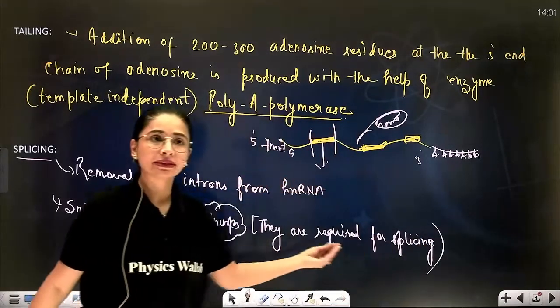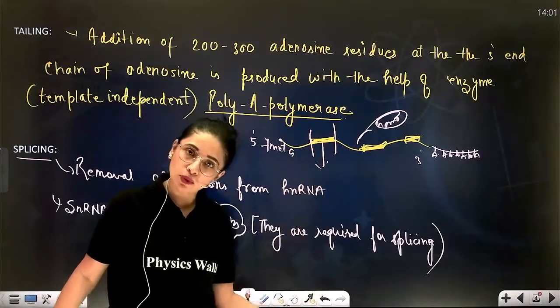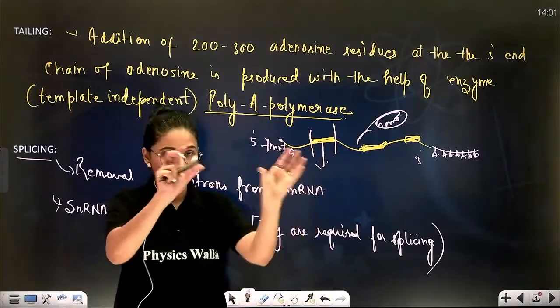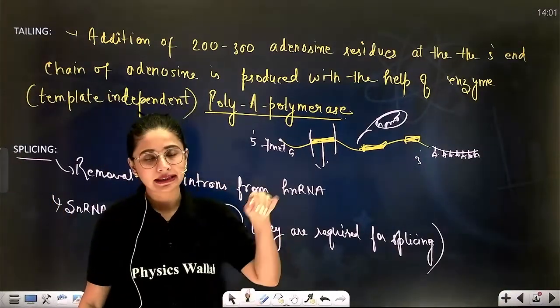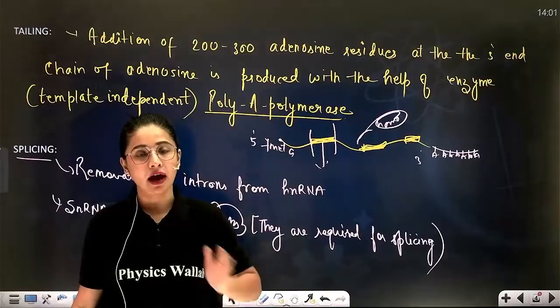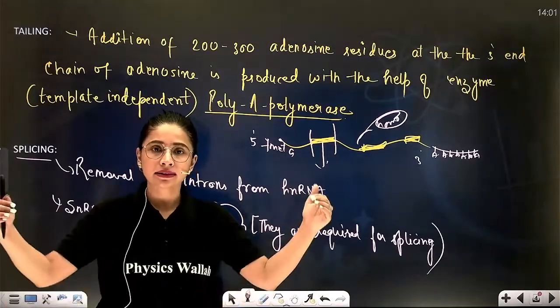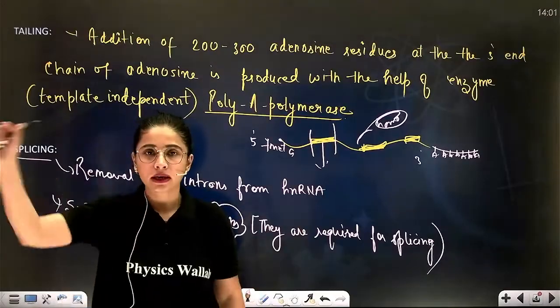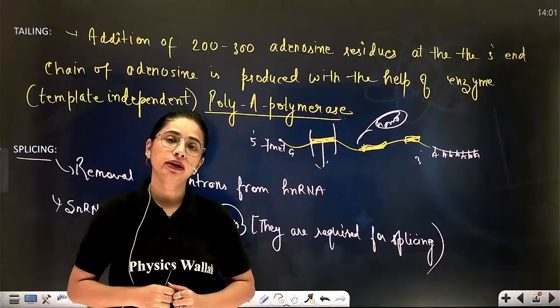What will happen? These SNRPs, they will cut the introns, they will remove the introns. Now fragments will be created, so those fragments need to be joined. So at the end, after splicing is done, after removal is done, the remaining fragments of the mRNA are made to join to form a continuous strand of RNA having only coding regions.